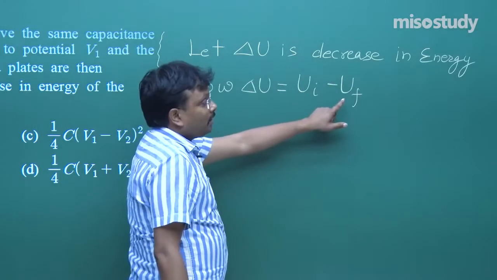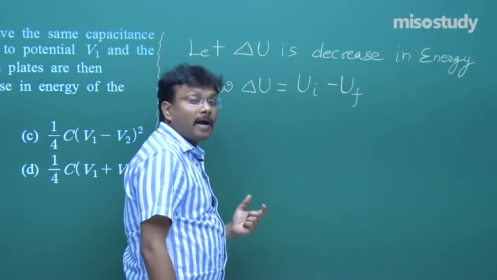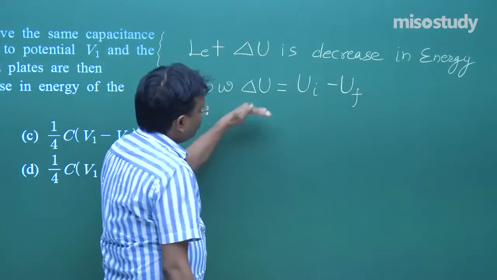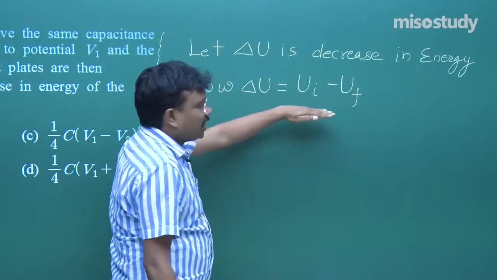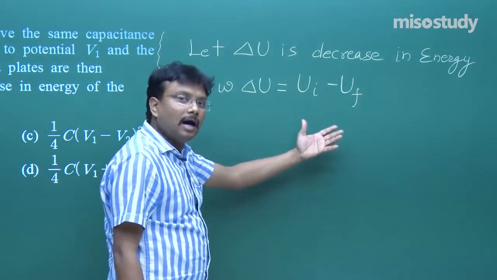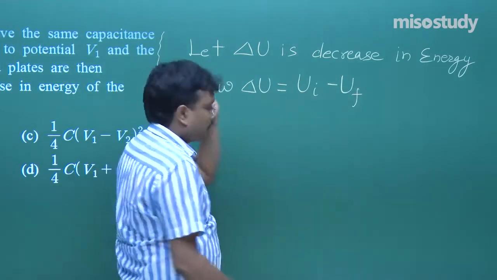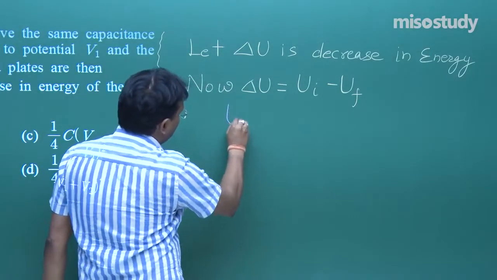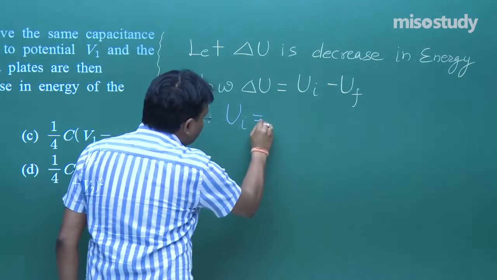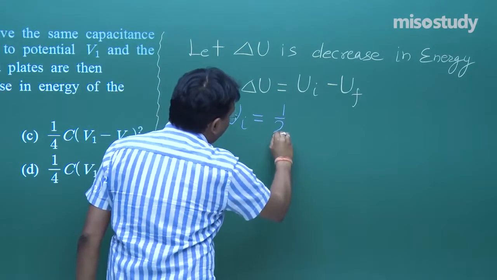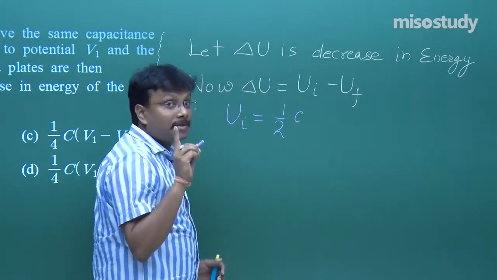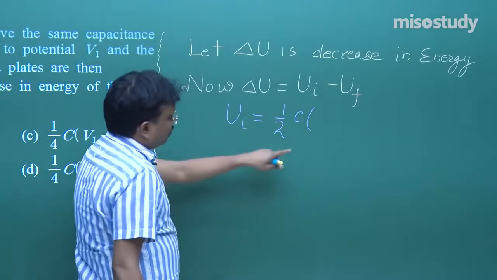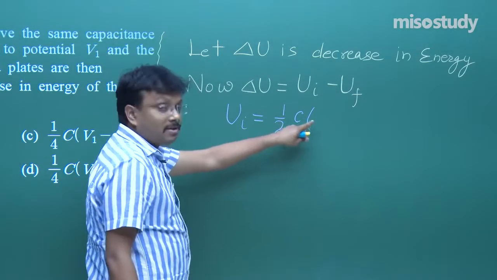Again, a few of you may think, why is the initial energy more and the final energy less? Now, one by one I will write down the expressions for initial and final energy, and only then will I provide you the exact solution. Using a different color chalk, U initial is equal to half C, because capacitance is the same, half C within bracket V1 square plus V2 square.